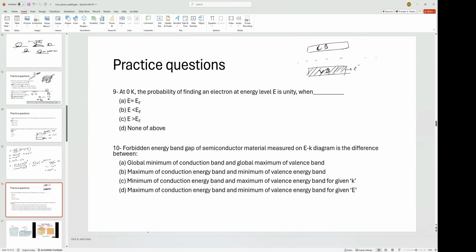So at E equal to EF, your probability is 0.5. As you go down to the valence band, your probability becomes 1. So for energy less than EF, it is 1.